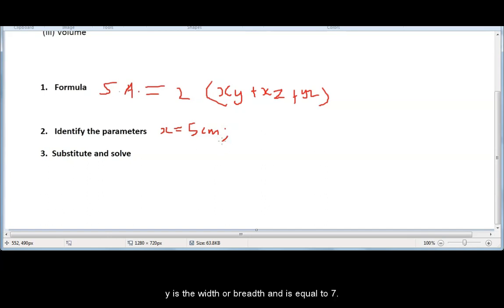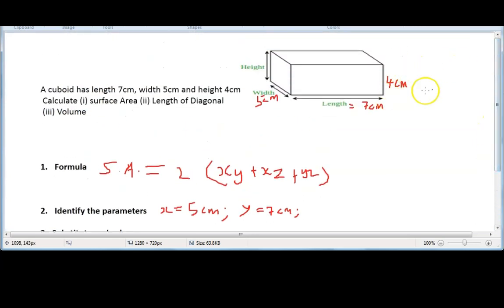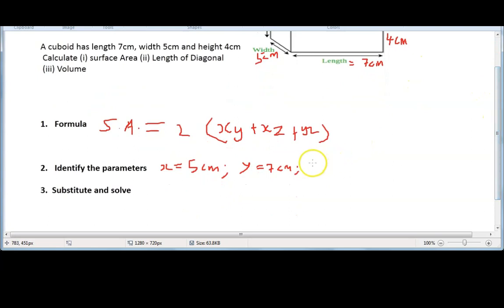Y is the width or breadth and is equal to 7. Z is the height or depth and, as given in the diagram here, is equal to 4.